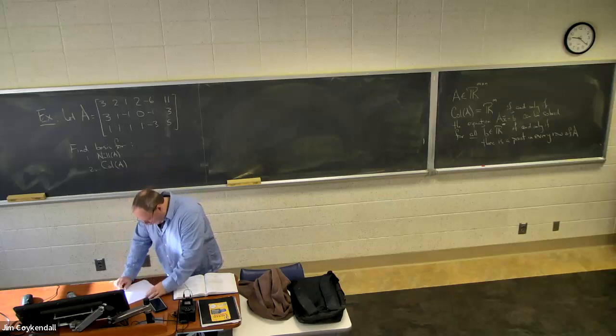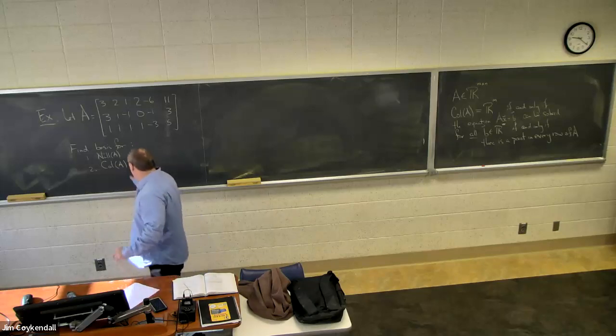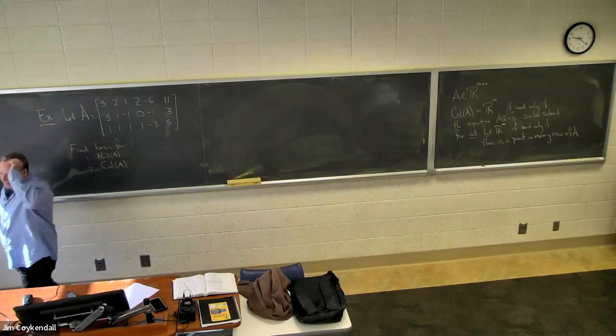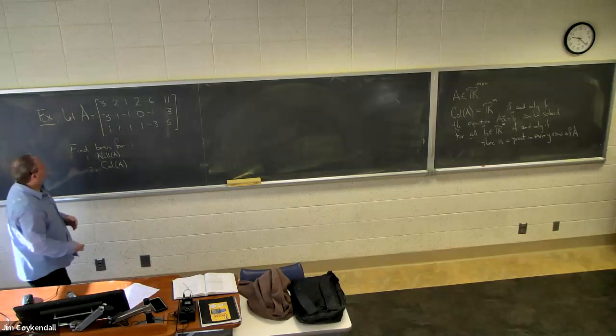Think about this size-wise. What's the dimension of null A? Null A should be in R6, right? So I expect it to be 6-dimensional vectors. Column A lives in R3, so I expect to get 3, so that's a gut check for me.